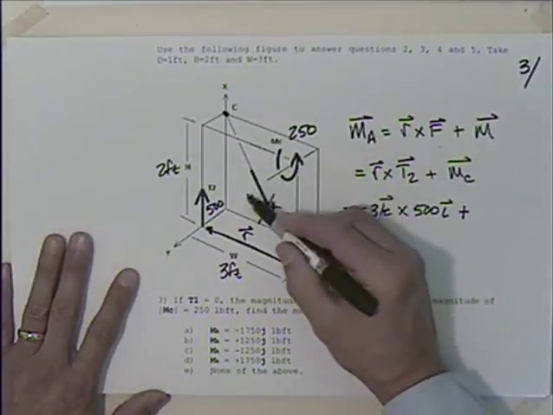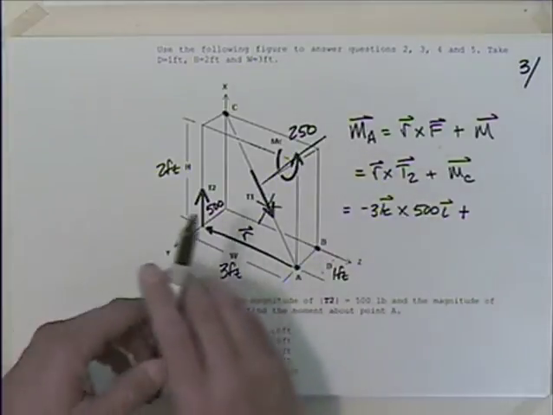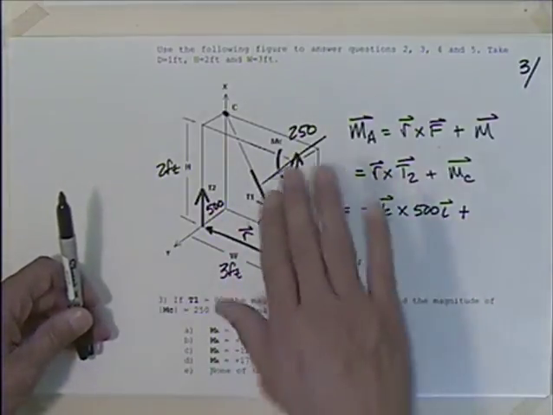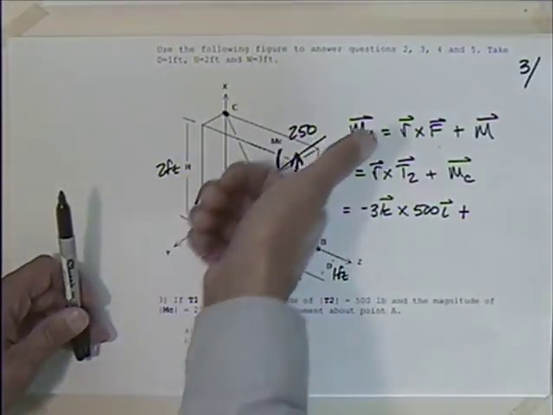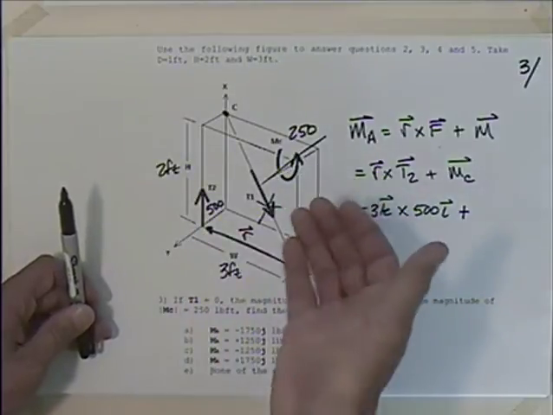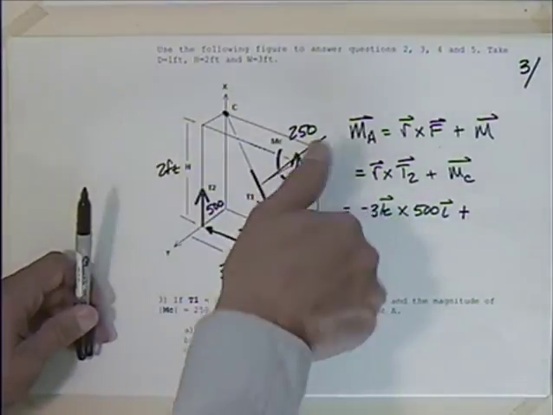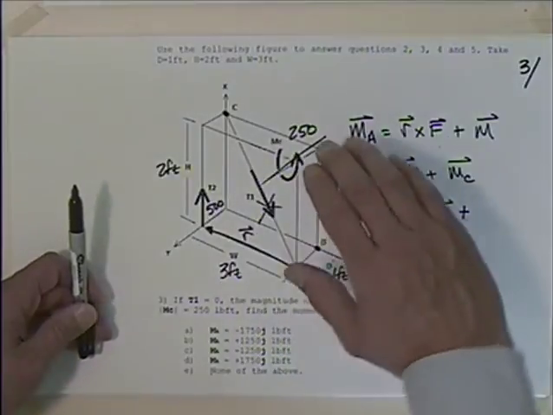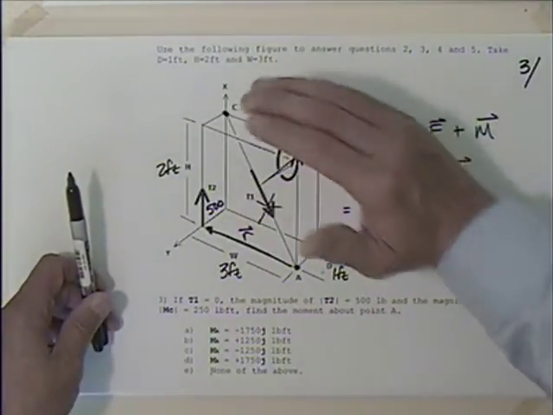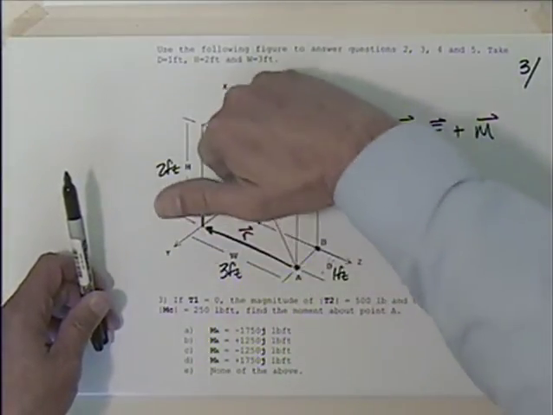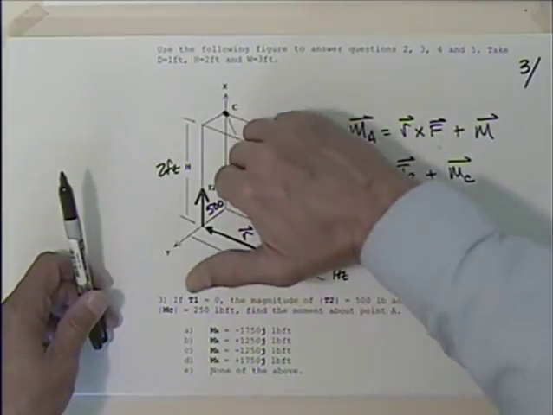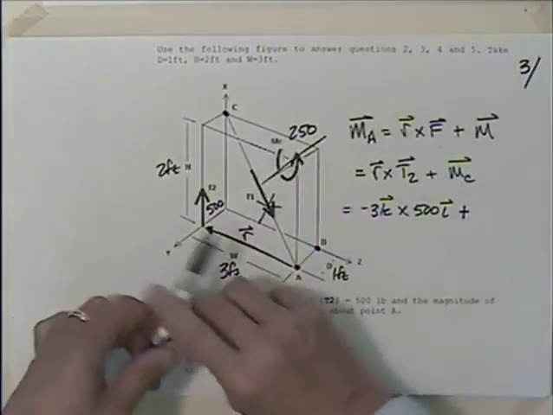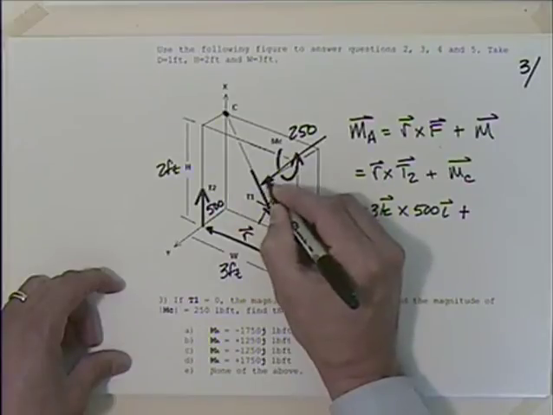Well, this axis here, this is the Y direction, isn't it? And I take my right hand, put your fingers in the direction of that arrow, and which way is your thumb pointing? So my fingers go in that direction. They're wrapped around that axis like that, and my thumb is pointing back this direction.